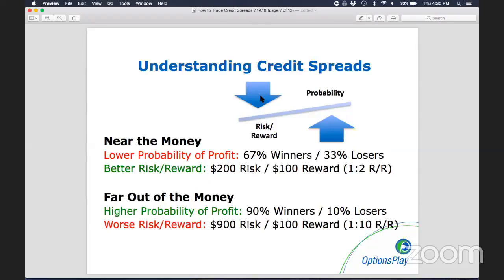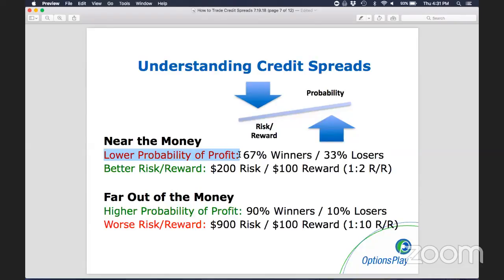So we talked about two different types of strategies that you can trade when you're trading credit spreads. You can sell near the money credit spreads, or you can trade far out of the money credit spreads. So let's take a look at this relationship of probability and risk to reward for these two different use cases. When you're selling a near the money credit spread, like we said, you generally have a lower probability of profit.